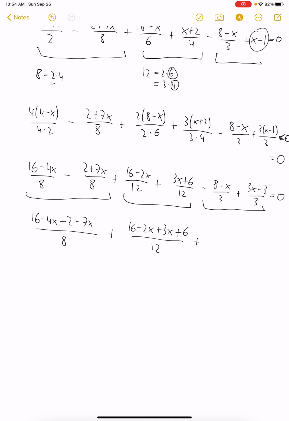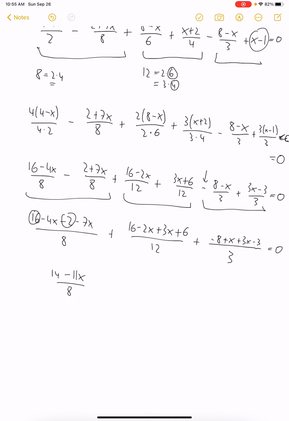And then we have plus over 3, and we have to be careful because there is minus 1 here. So it's minus 8 plus x, because we have minus 1 times minus 1, plus 3x minus 3, and this all is equal to 0. So we'll simplify. Here we have 16 minus 2, which is 14, and minus 4x minus 7x, minus 11x over 8.